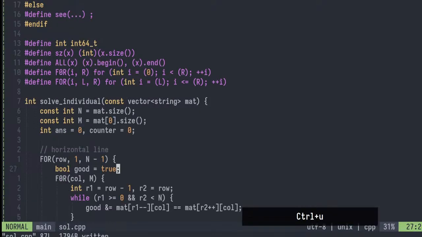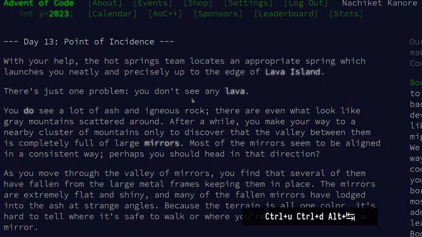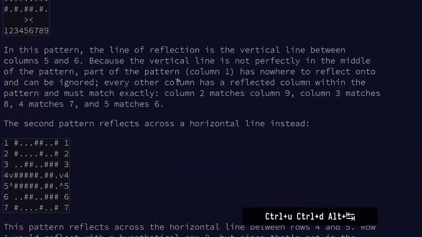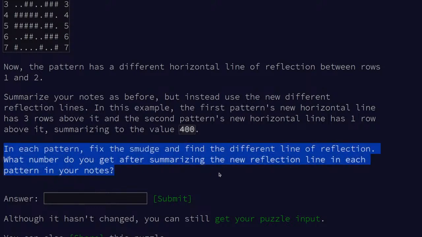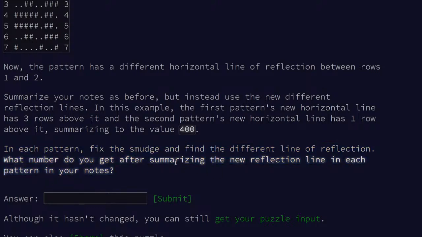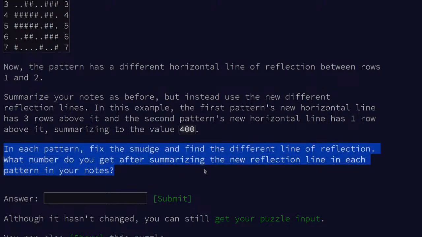Is that why? And is it always possible that we will find a horizontal line? Line in each pattern in your notes.